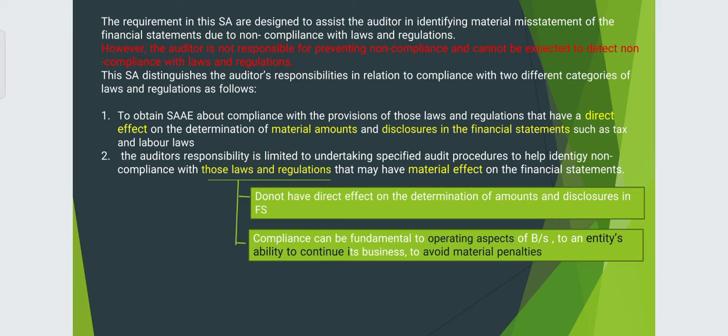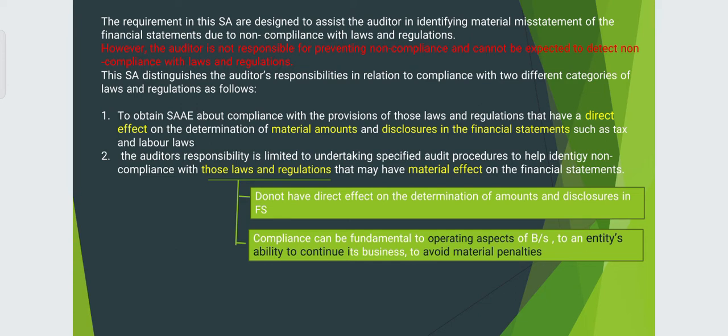The auditor's responsibility is to obtain sufficient and appropriate evidence about compliance with the provision of those laws and regulation that have direct effect on the determination of material amount and disclosures in the financial statement, such as tax laws and labor laws.